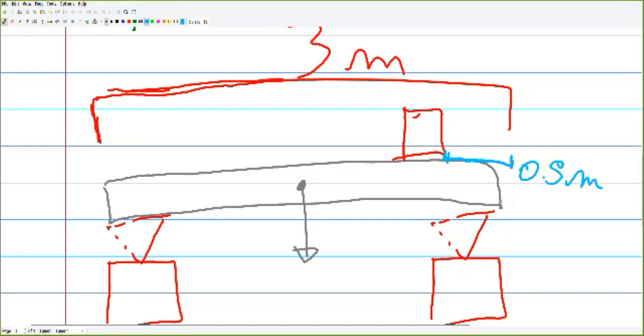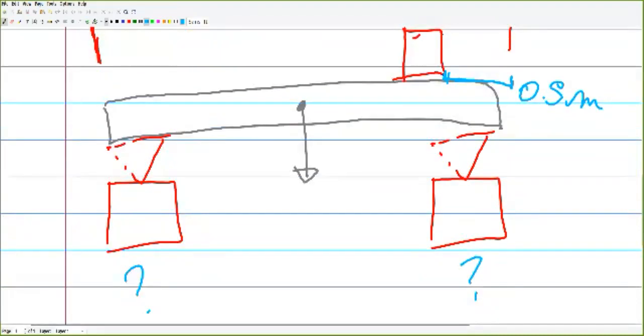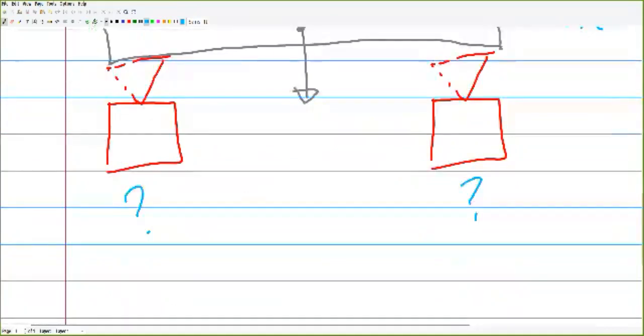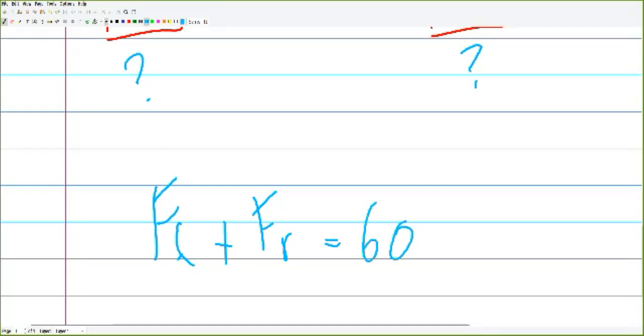And I want to know what's written here, what's written here. And we know the mass of the box. So we know that the force that is written on the left less the force that is written on the right must be equal to the mass. And we're given that the mass, actually the weight, not the mass, is 60 newtons.